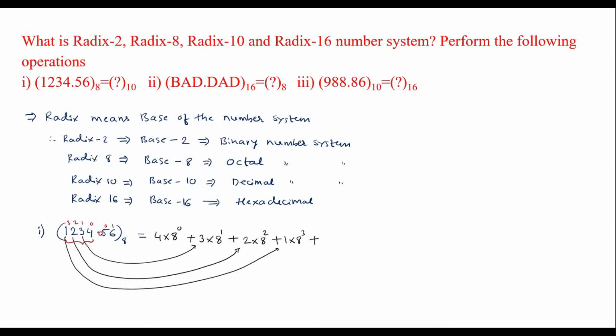Here we have decimal point. After decimal point we have 5, that should be considered as 5 into 8 power, sorry, here the positional value is, this is minus 1 and this is minus 2, that is 8 power minus 1 plus 6 into 8 power minus 2. I will try 4 plus 8 into 3 is 24, plus 8 square is 64 into 2, that is 128, plus 8 power 3 is 512, plus it is 5 by 8, next one is 6 by 8 power 2.